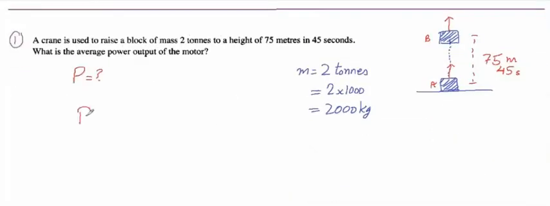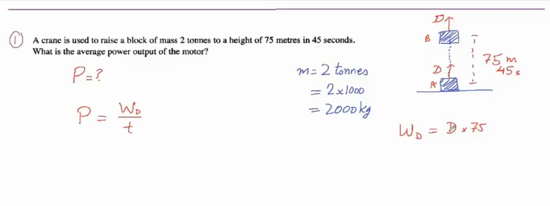So power will be equal to work done by the driving force divided by the time taken. Work done by the driving force is equal to force, and force to bring it with a constant speed to this level B. Let's take the force as D. So this force D which is applied, it will be D times 75.